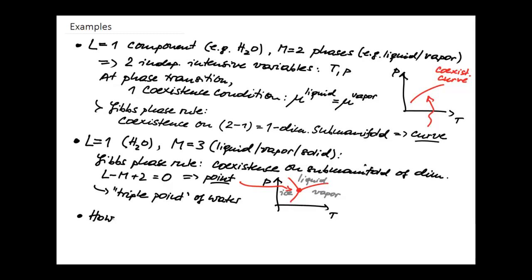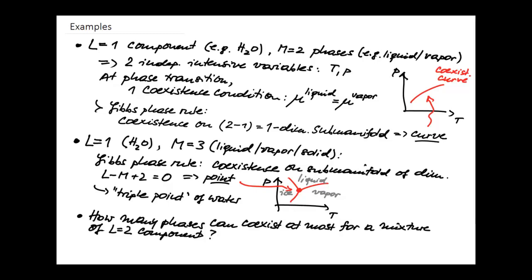You have a mixture of two components and you wonder how many phases can coexist at most when you have such a mixture. The answer is it's not only the three familiar phases that you know from water, liquid, vapor, and solid. When you have a mixture of components, you can have more phases.